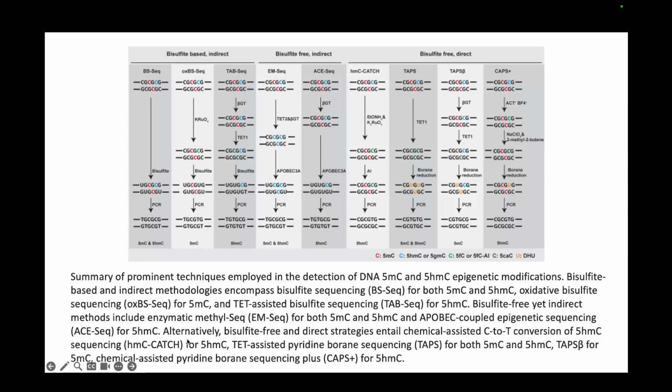Alternatively, bisulfite-free and direct strategies entail chemical-assisted C to T conversion of 5-HMC. So basically, where the cytosine base is 5-methylated, it can be converted from a C to T, depending on the type of technique you're using.